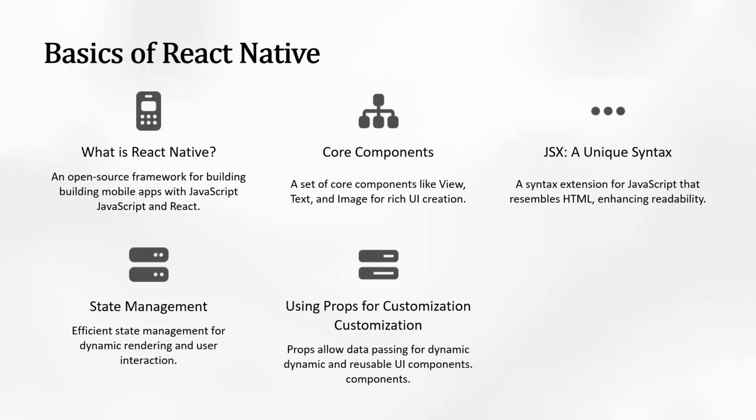Then the basics of React Native. So what is React Native? React Native deserves a special mention because it allows developers to build truly native-feeling apps using JavaScript and React.